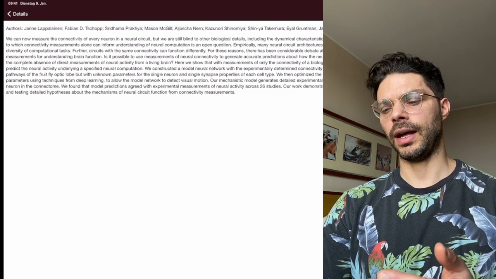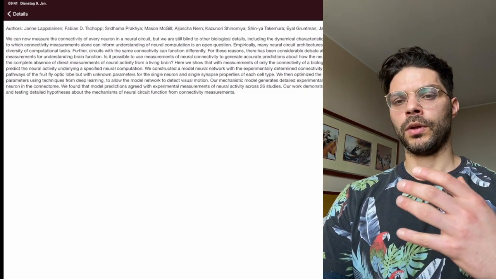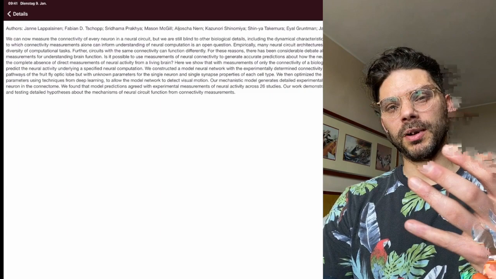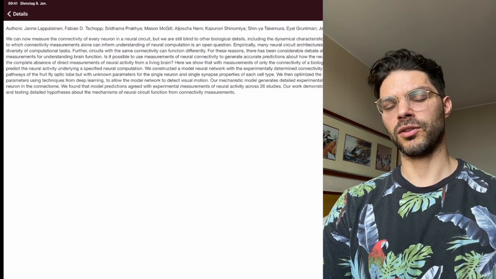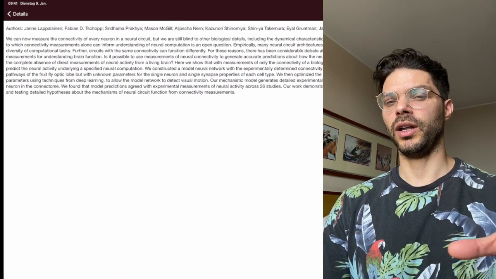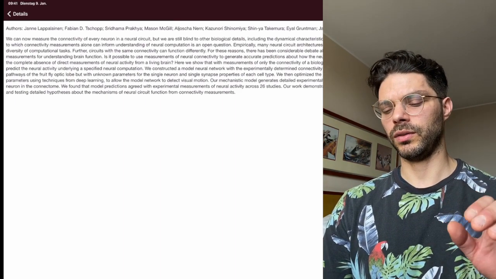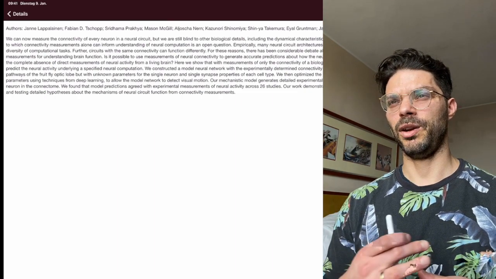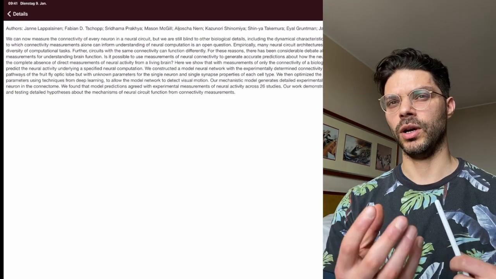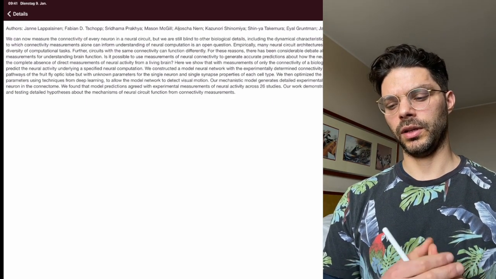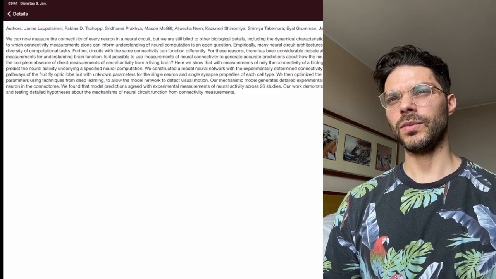A classic example of there being redundant solutions for the same function is in the lobster stomatogastric system. It's the classic work of Eve Marder's, where the circuit is known. You have a fixed collection of neurons, they're interconnected, and they're performing the same function. I believe the function is to activate the muscles of the digestive system of the lobster in a particular sequence.